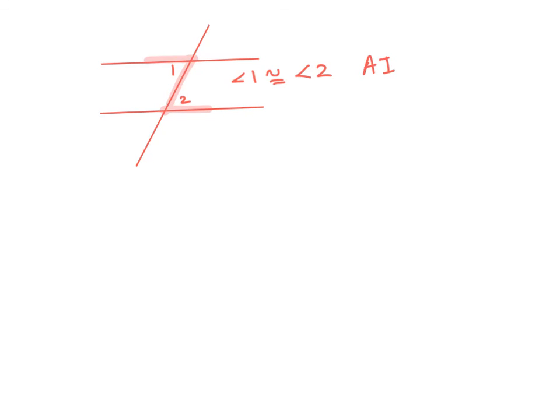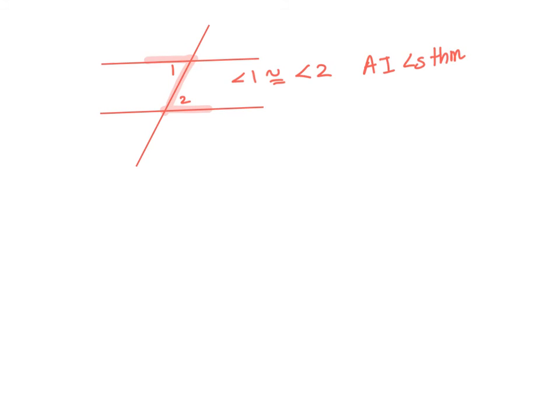So every time you have two parallel lines cut by a transversal, you can look at a Z. So for example, if I have angle 1 and angle 2, I can say that angle 1 is congruent to angle 2. So that's the alternate interior angle theorem. They are congruent.